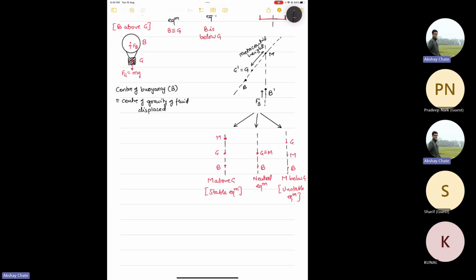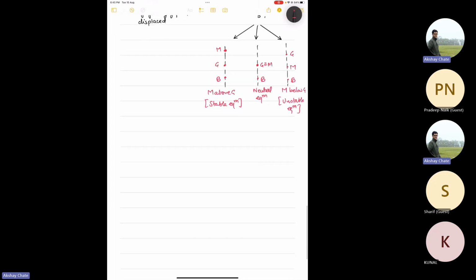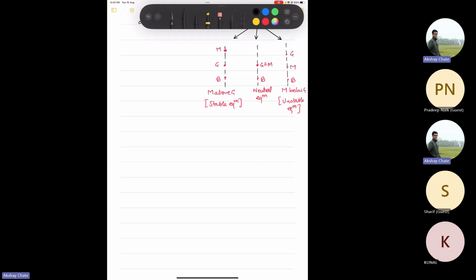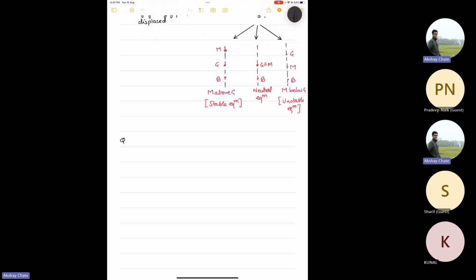Okay, we'll take one question so that maybe this becomes clear. Let's take one question in which we are studying the fully submerged case. There are different ways to ask a question.